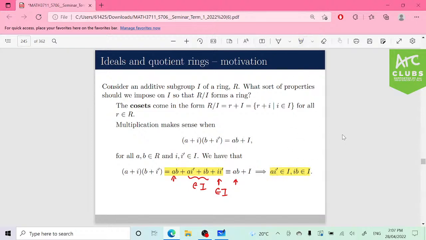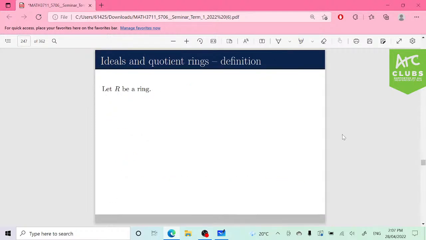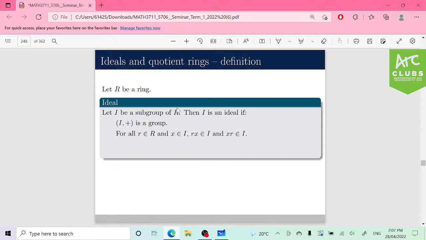And this is how we define an ideal. So let's have a look at the definition of an ideal. Take an arbitrary ring R, and we're going to define the subgroup as follows. I, under the addition operation, is an abelian subgroup.